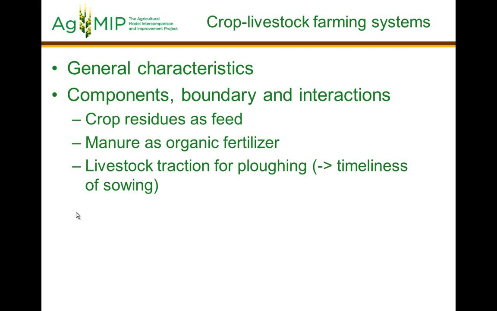And thirdly, the livestock that is used for plowing. That is also quite important because it influences the timeliness of sowing, for example. People with enough cattle will be able to plow and sow on time, whereas people who have little cattle might be facing delays in planting.